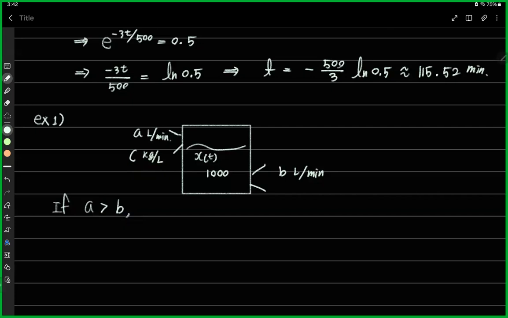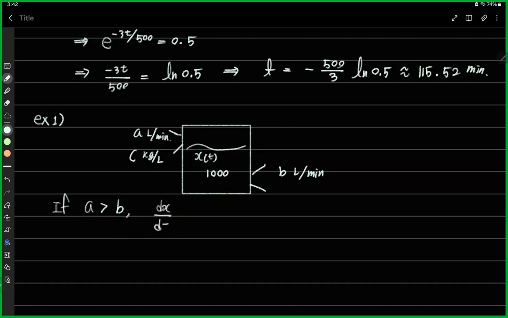If A is greater than B, then the amount of water or liquid in the tank will increase, because the amount of water coming in is greater than the amount coming out. That's what it means. A is greater than B, so the amount of liquid in the tank is increased.